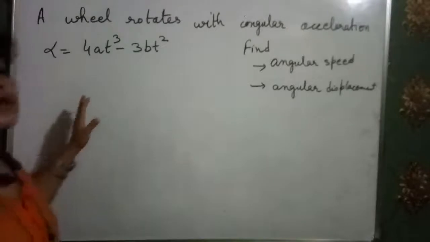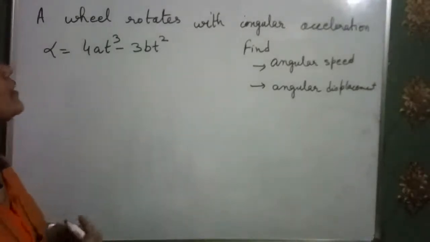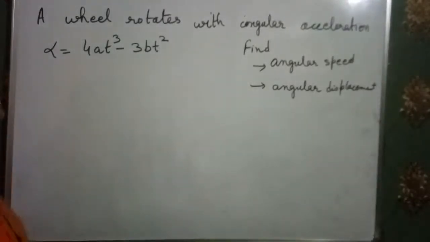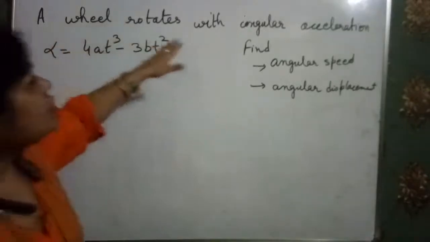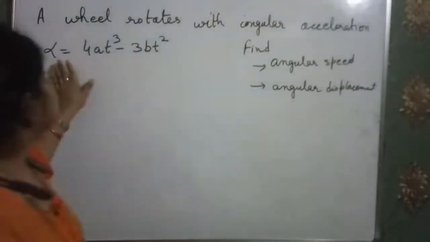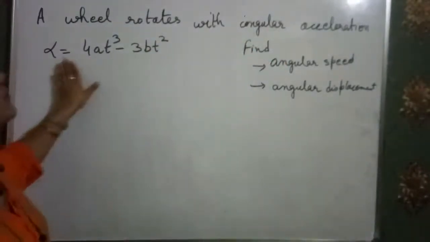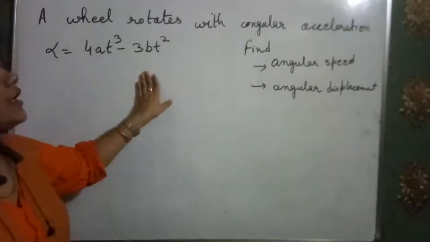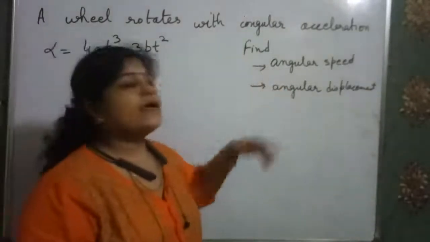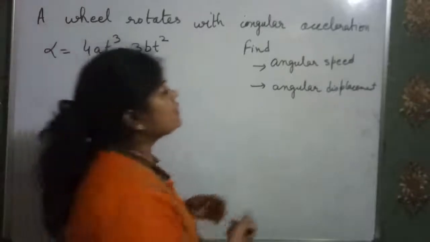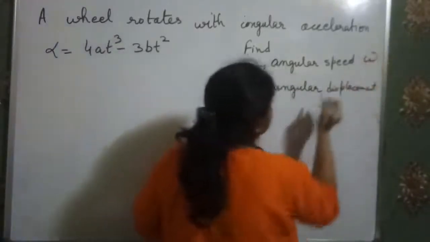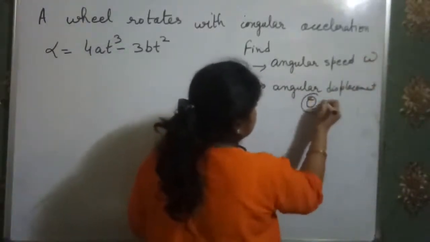Now this is another type of question we have in rotational motion. A wheel rotates with an angular acceleration given in the form of an equation, and we have to find the angular speed and angular displacement. Angular speed is omega. Angular displacement is theta.